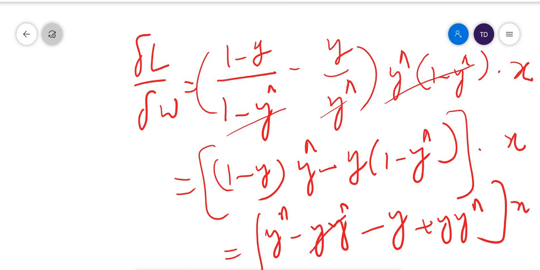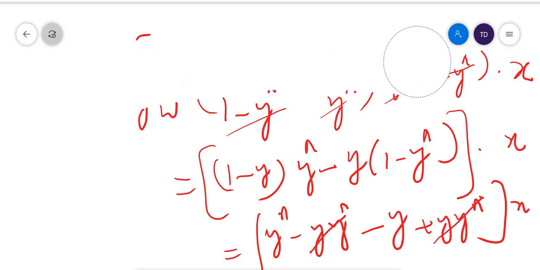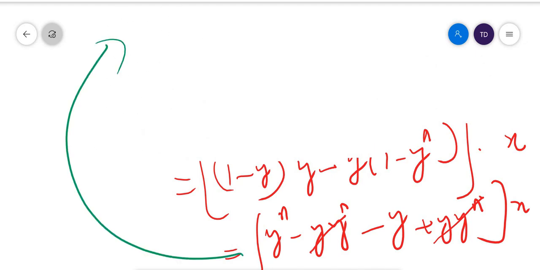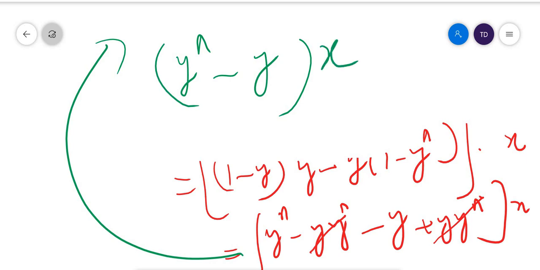Again, minus y cap and this is cancelled. So finally, this one will become y cap minus y into x. This is the output. This is the final equation.